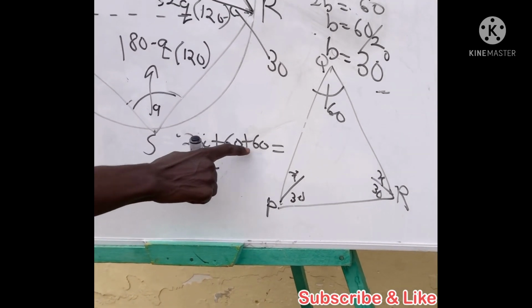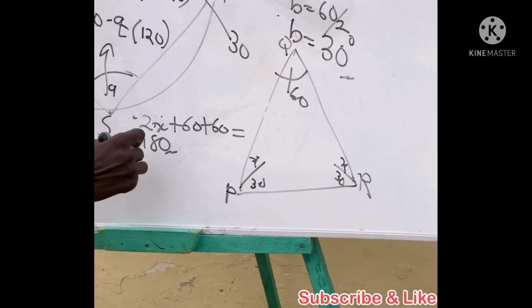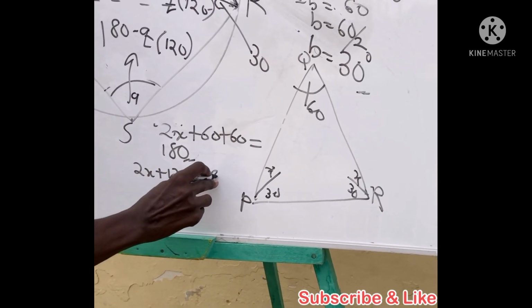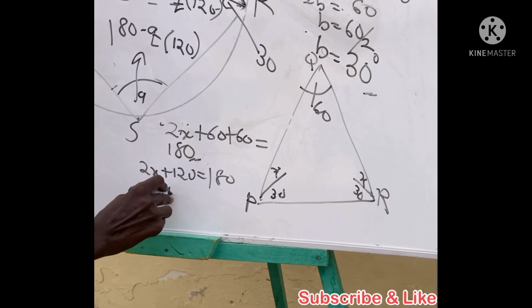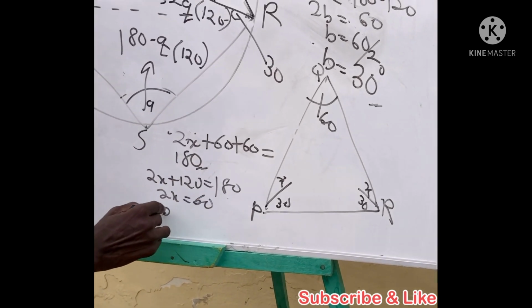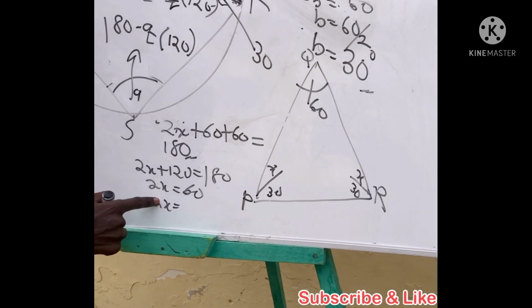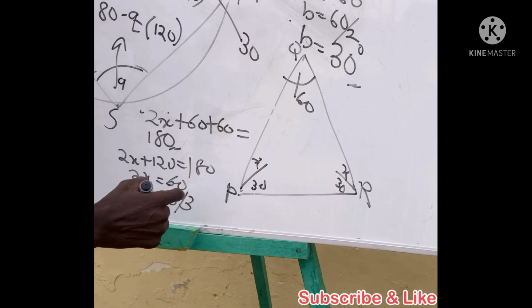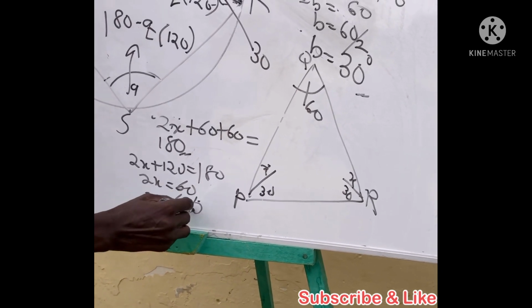So 60 plus 60 is 120. So 2x plus 120 equals 180. 2x equals 180 minus 120, which will give us 60. x is equal to 60 over 2.